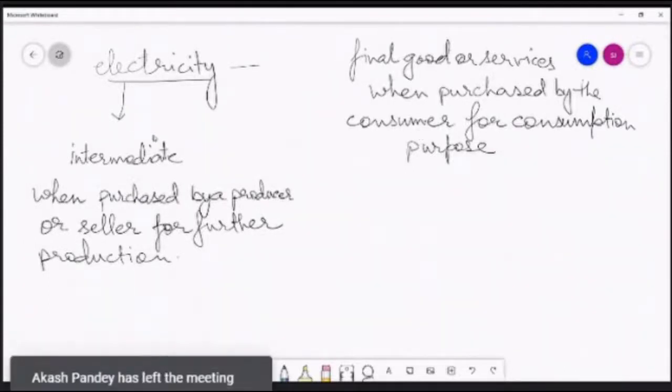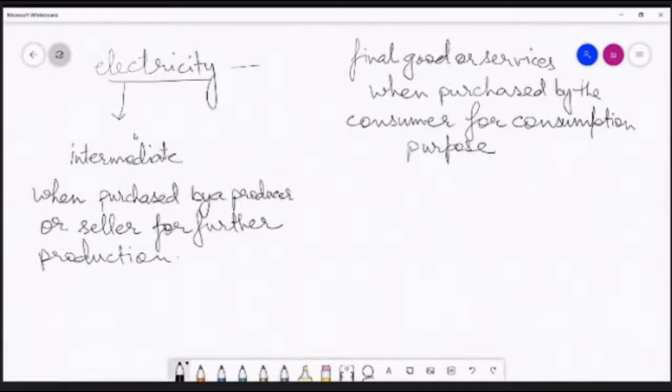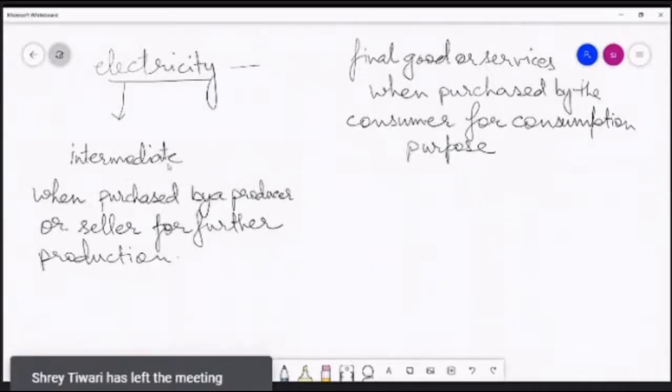But electricity purchased by the industry, by the firms, by various types of service providers, in that case electricity is considered an intermediate good and service. So when we are counting the GDP, we will only count at the final stage of consumption. Okay, we will not count here, because if we count on both stages, then there will be double counting.